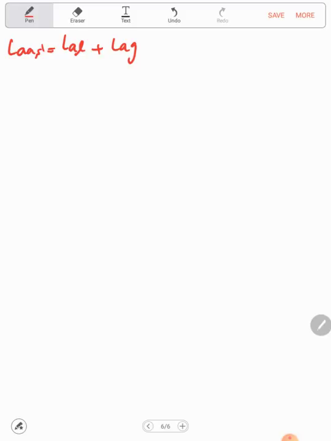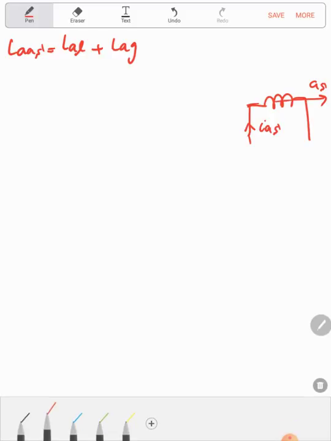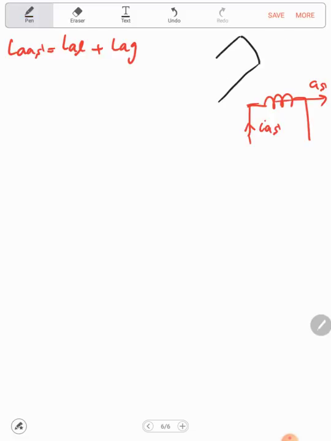Now, let's calculate the LAAS. So, let's assume this is the phase A, this is AS, and here we are injecting a current. Let's assume this current is equal to IAS. And let's assume that this is the direction of the rotor.